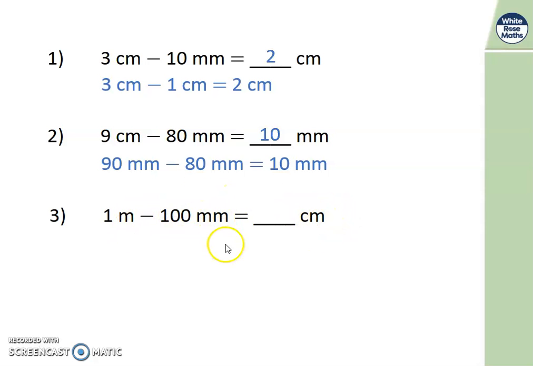Neither of them are in centimeters, so I need to change both of them into centimeters before I start. 1 meter is the same as 100 centimeters, and 100 millimeters is the same as 10 centimeters. So let's write that down. 100 centimeters subtract 10 centimeters is the same as 90 centimeters, and I can write the answer in. Well done if you did that.